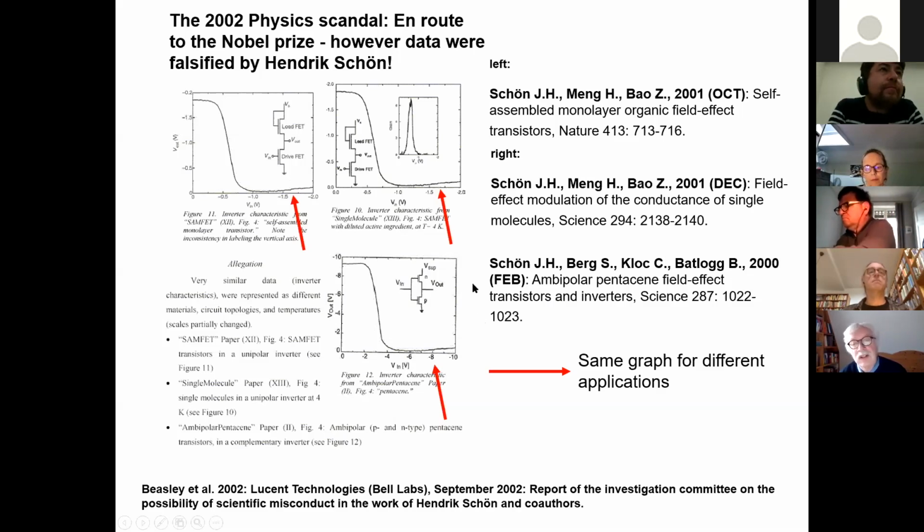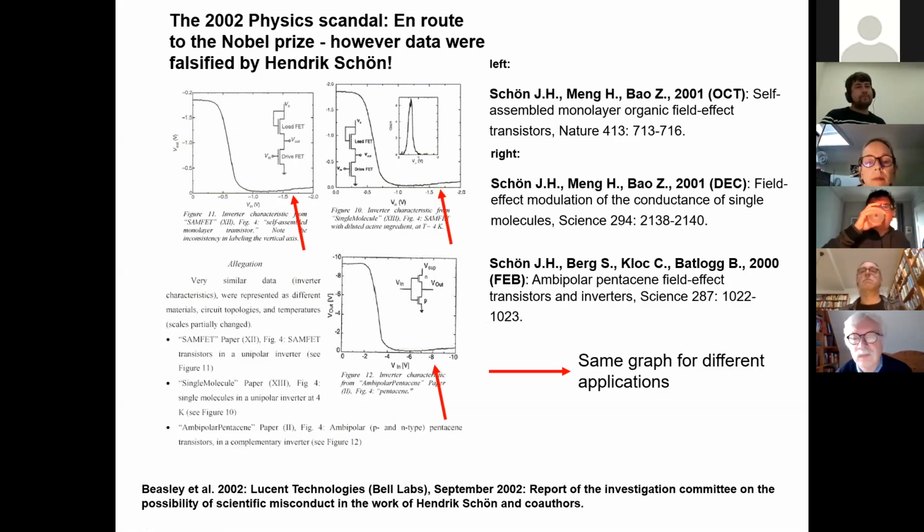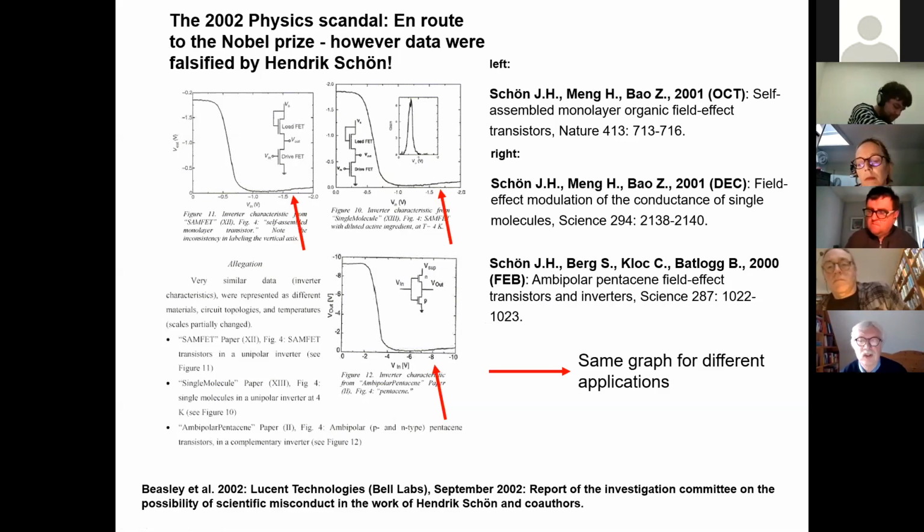However, there was information from a whistleblower, and it took about 2 to 3 years to detect the fraudulent behavior. So here, this is a case of very rapid self-correction of science.